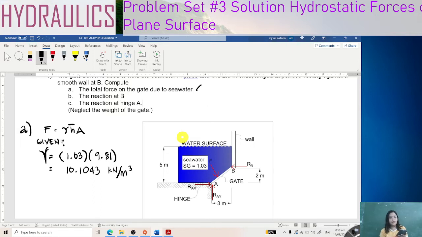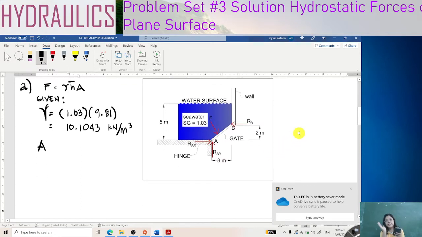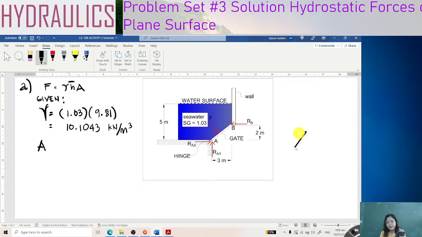Okay na. Next, what we have to find is, unahin ko yung area kasi mas madaling intindihin yung area dyan. So, this is your rectangular gate. Itong A to B, that is naka-inclined na rectangular gate. So, kung titingnan mo siya sa side view, ganire ang kanyang itsura.